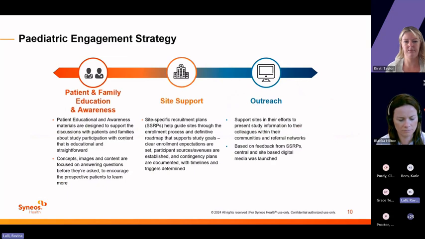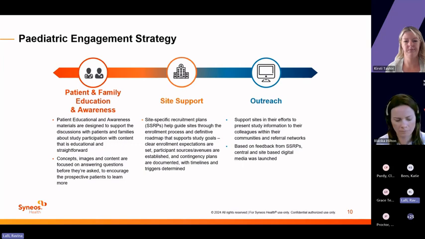So what was the pediatric engagement strategy that we used? In order to assess the primary aim, the following strategy was used in the study. Protocol and study design understanding using patient-facing materials. These materials are designed to support discussions with families and study participants, answering questions before they are asked. Healthcare providers, clinical trial site relationship through site-facing materials and site-specific recruitment plans.